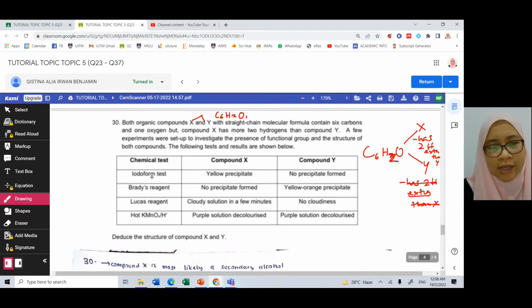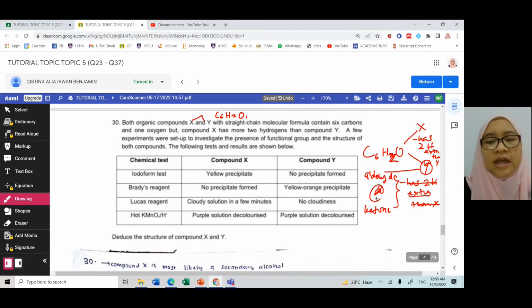For the iodoform test, it will give a positive result to compound X, but not to compound Y. So here we predict that Y is either aldehyde or ketone, which we have to identify. This one we predict should be alcohol, X.